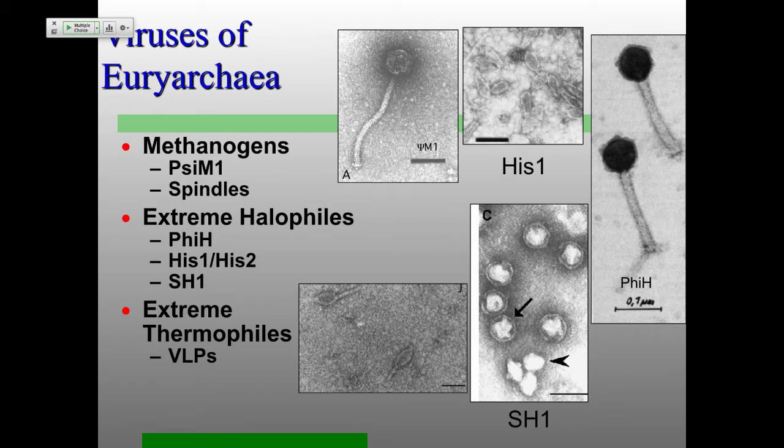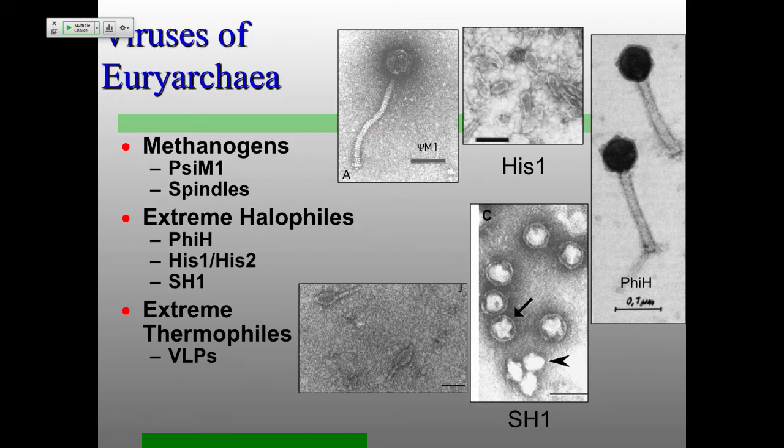The vast majority have these head and tail-like structures, again, extremely similar to what you see in bacteriophage. Sometimes they've got these stiff tail-like structures, which is much more like bacteriophage T4. Sometimes they have these flexible structures here, which is more like what you see in bacteriophages like lambda.